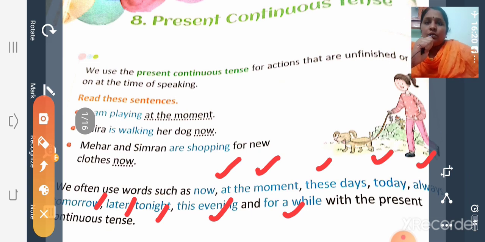These are keywords. So if these words come, we can use present continuous tense along with these words.